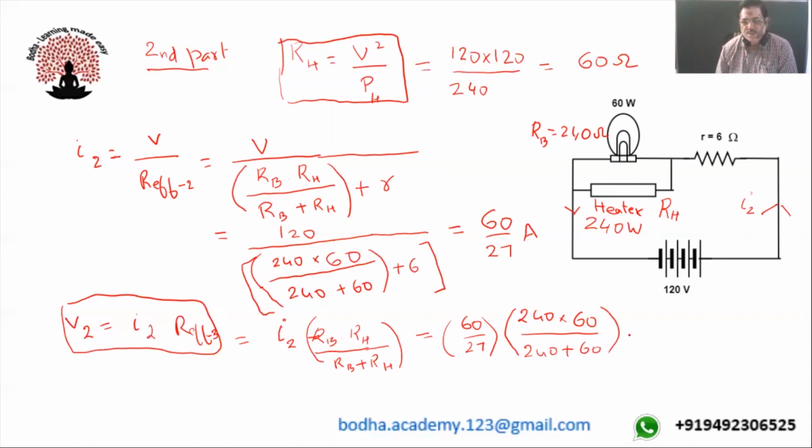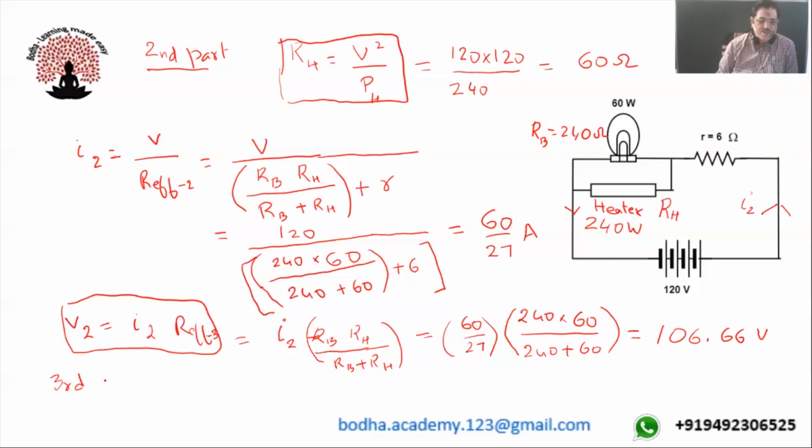On simplification we'll get 106.66 volts. So with the heater, with bulb and heater in parallel, the voltage across the bulb is 106.66 volts. The question is, what is the decrease in voltage? So that we'll find out.